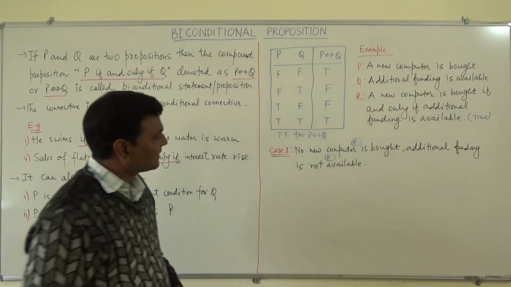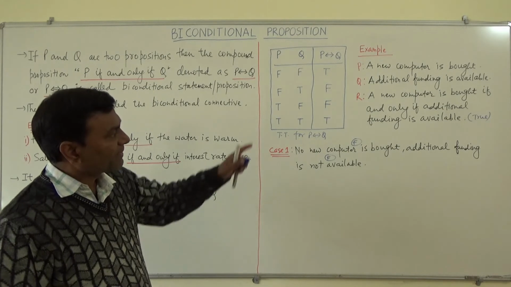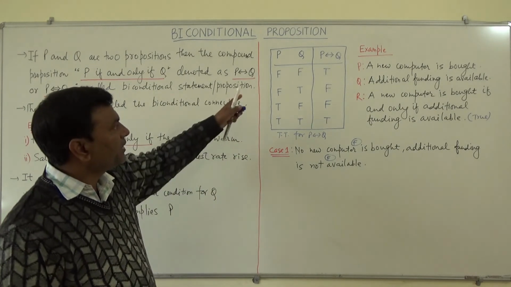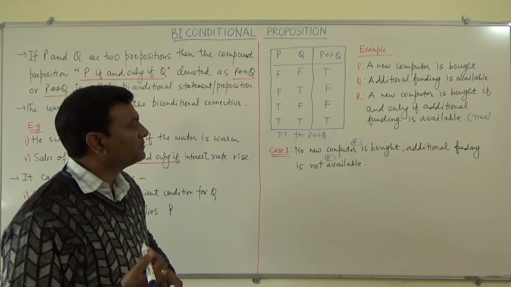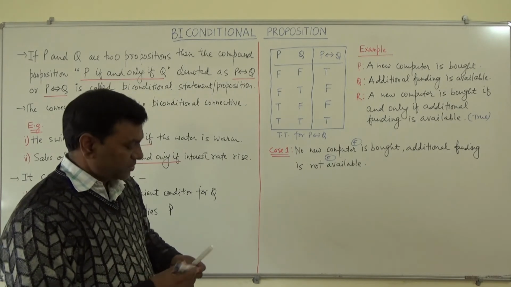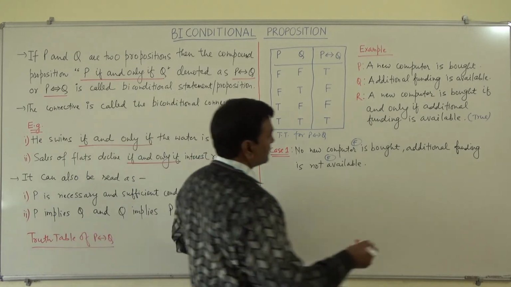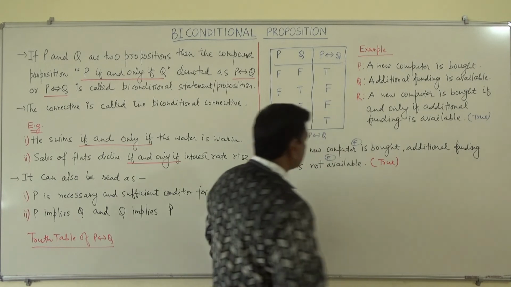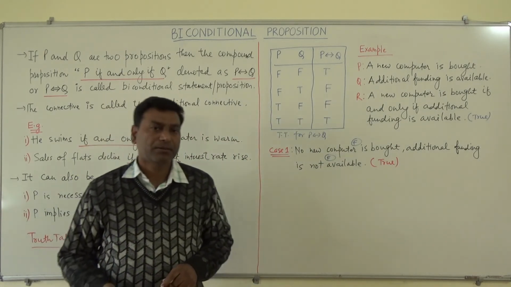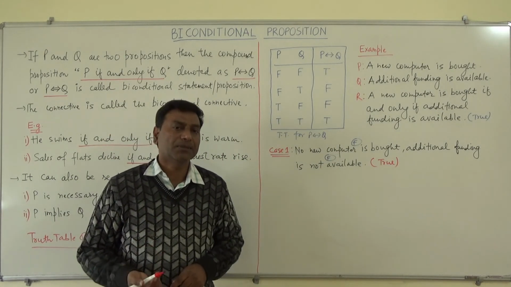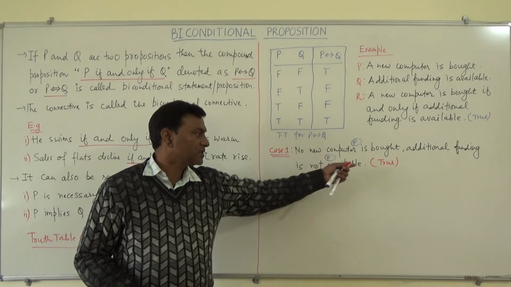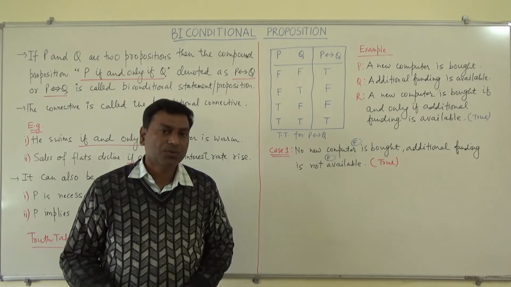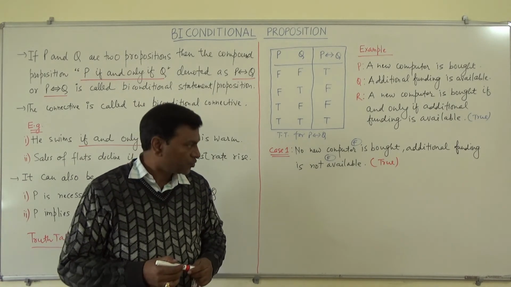So in this case, when P and Q both are false, this will be true. So P is false, Q is false, so this P biconditional Q is true.